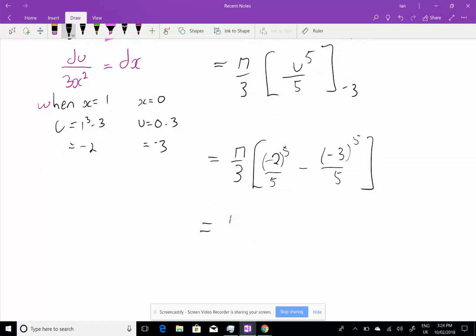Which is going to give me pi on 3. I know my 2 to the 5, that's minus 32 on 5. I don't know what my 3 to the 5 is.